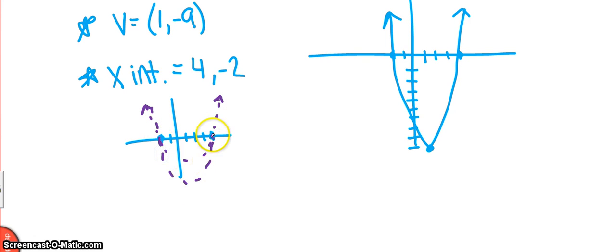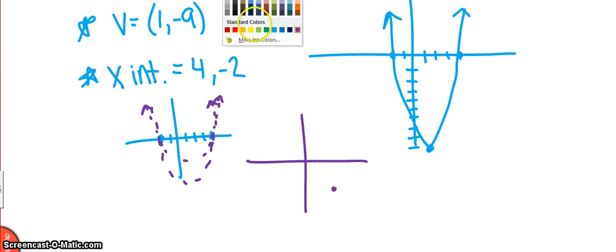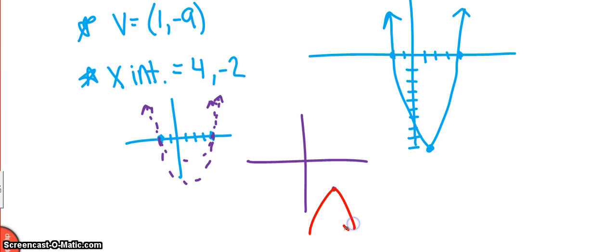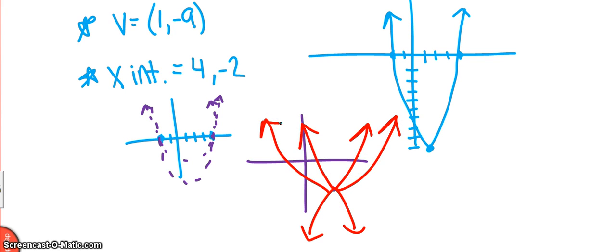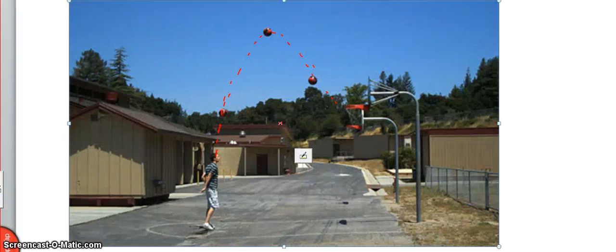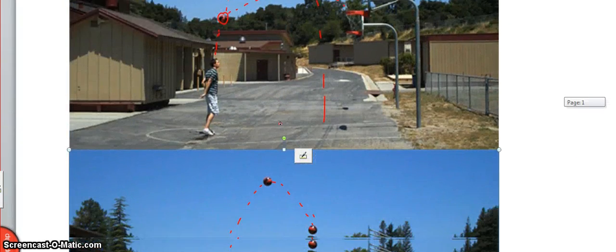The answer is yes, so it's not enough to have just x-intercepts. And the other question is, is it enough to just have a vertex? If I just have this vertex, I could draw this parabola, this parabola, or this parabola. There's a whole bunch of possibilities, which makes sense from our conversation at the beginning of the video.